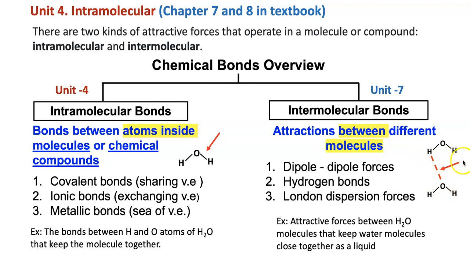This is called an intermolecular bond because it's occurring between the molecules. These are important for keeping things mixed together, and this forms substances. We will look at intermolecular bonds in Unit 7, and we will look at intramolecular bonds in Unit 4.